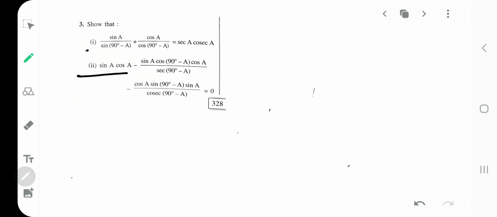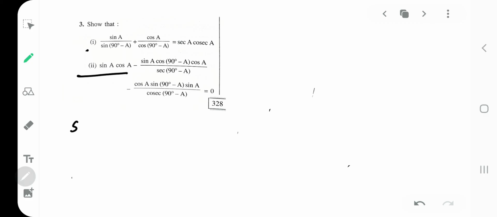It says you have sine A cos A minus sine A cos 90 minus A cos A upon sec 90 minus A minus you have cos A sin 90 minus A sin A upon cosec 90 minus A is equal to 0 you have to prove. Shall we start? So we have on the left hand side sin A cos A.